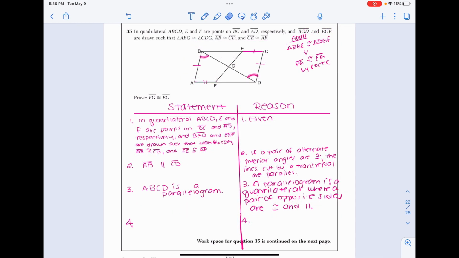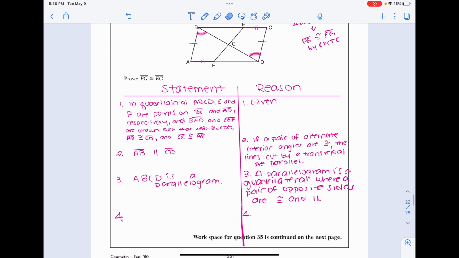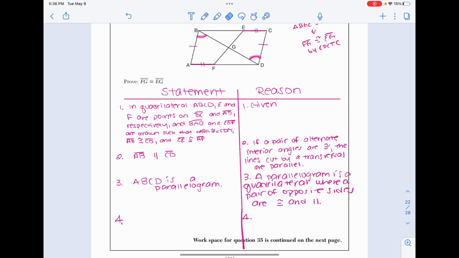Okay, if I know that ABCD is a parallelogram, I now know that angle CBD, and I'm actually going to change this here, is congruent to angle ADB.